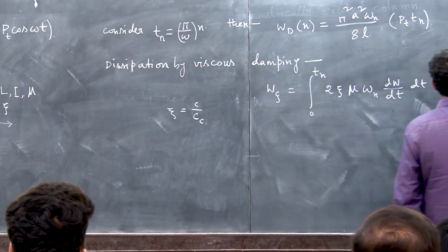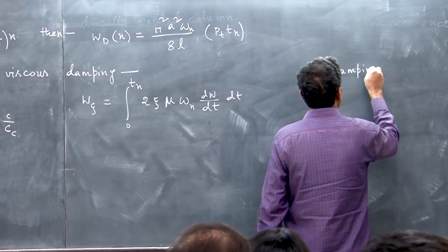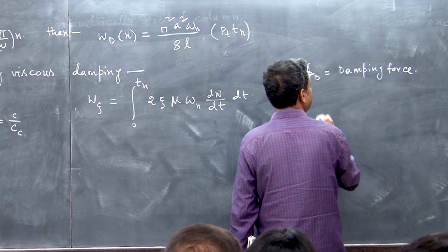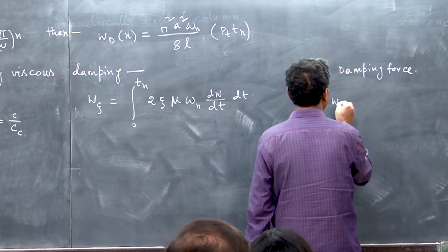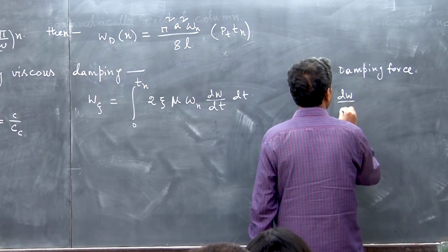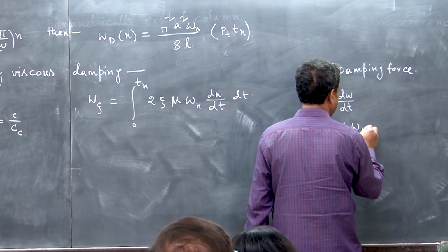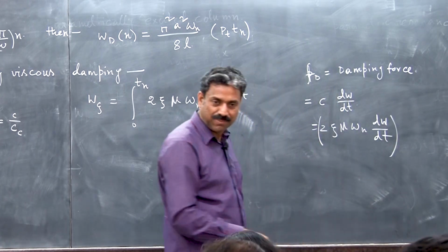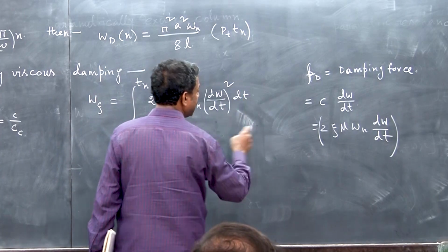See, the damping force due to damping is what? C into u dot, that is C into dW/dt, and C is nothing but 2 xi mu omega n dW/dt, right? So this is the damping force. This must be multiplied with the respective velocity, so it will appear in square, right?